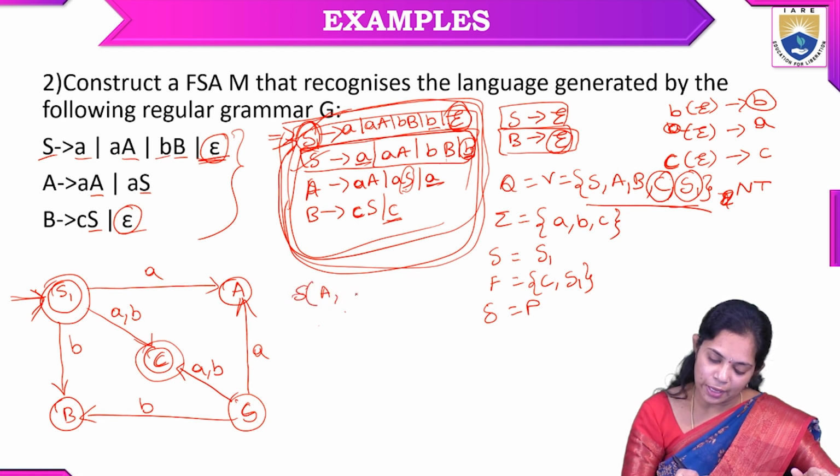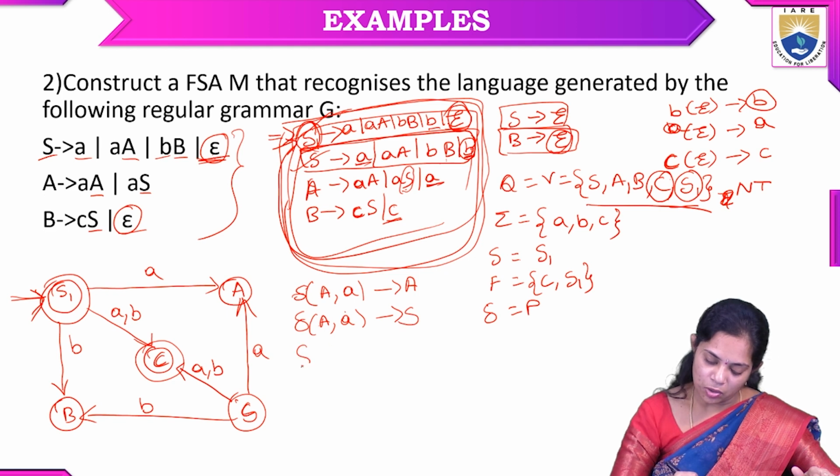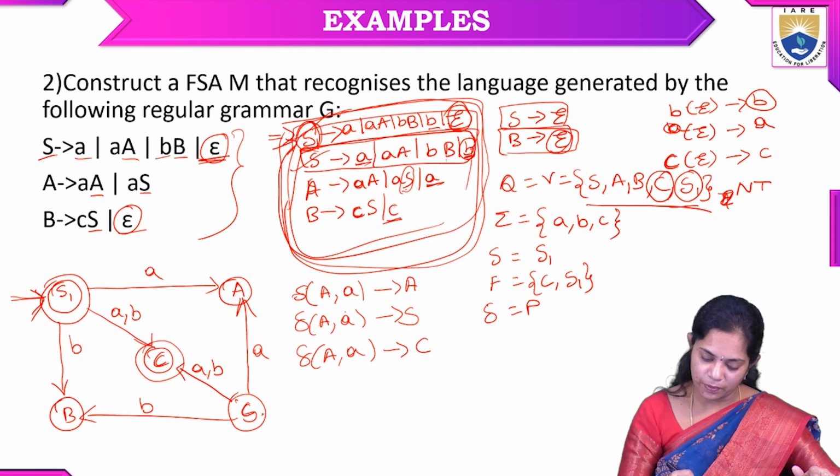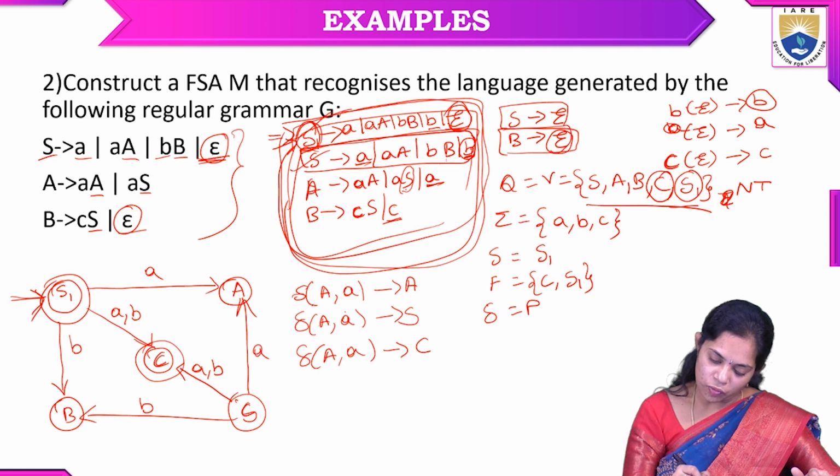Transition of A comma A, which belongs to the state A: with input symbol A, it is reaching S, and along with that A tends to A, it is reaching the final state C. So from the A state we have to take all input symbols.